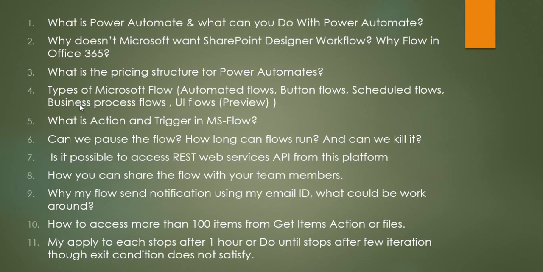The fourth type of flows are business process flows. These are pretty interesting. These are basically the stage flows. Possibly, with the starting stage, you would be capturing a few fields.